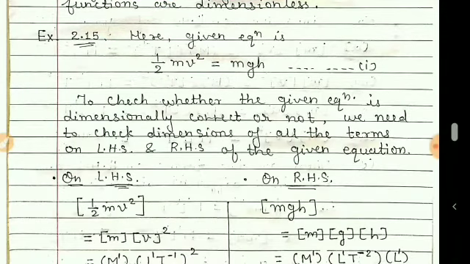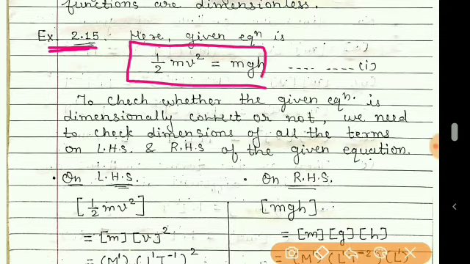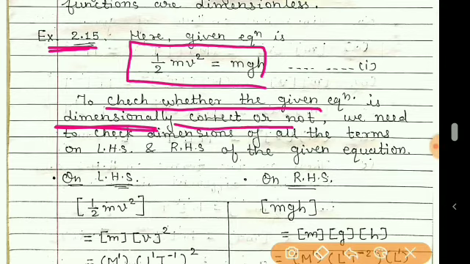Now example number 2.15. Here this equation is given: half of mv square is equal to mgh. Here we have to check whether this given equation is dimensionally correct or not. To check this, we will first obtain the dimensions of the left hand side term and then the dimension of the right hand side term.